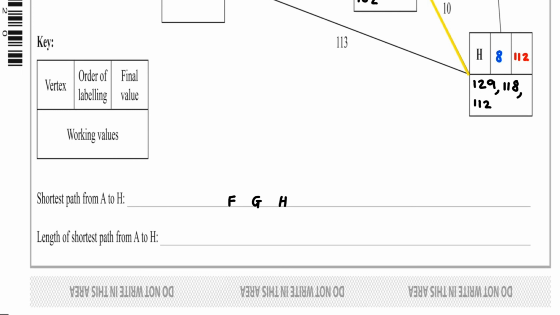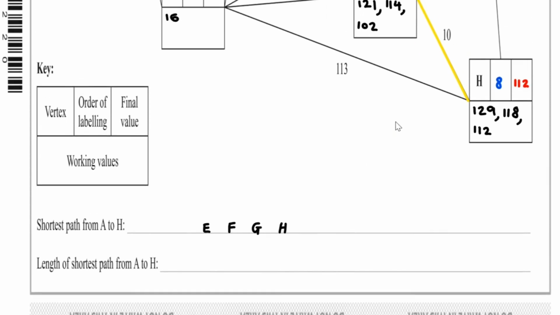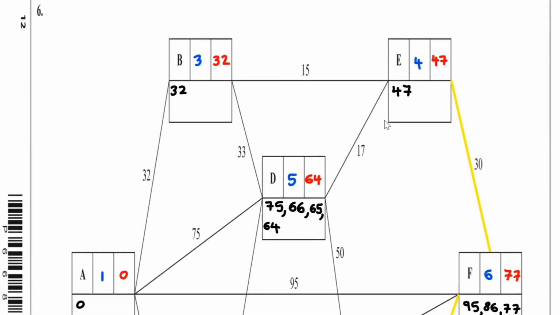So before F I was at E, and then before E, 47 take away 15, that gets me to the 32.